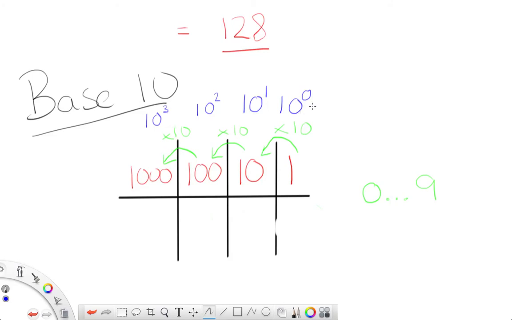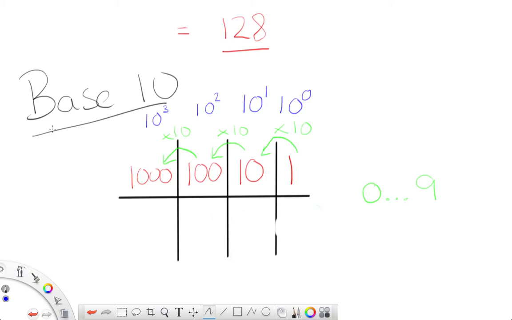So the blue writing here and the red writing are basically saying the same thing. Anything to the power of 0 is 1. Anything to the power of 1 is itself, and then we go up by powers. The next one will be 10 to the 4, 10 to the 5, 10 to the 6, and so on. They're just going up by 1 each time, which is really saying the same thing as this, that they're being multiplied by 10 each time.